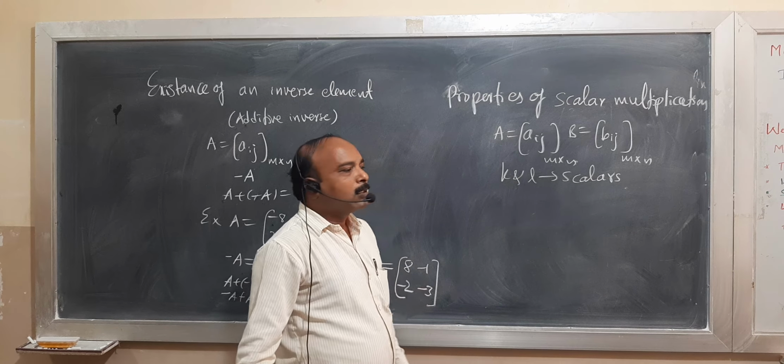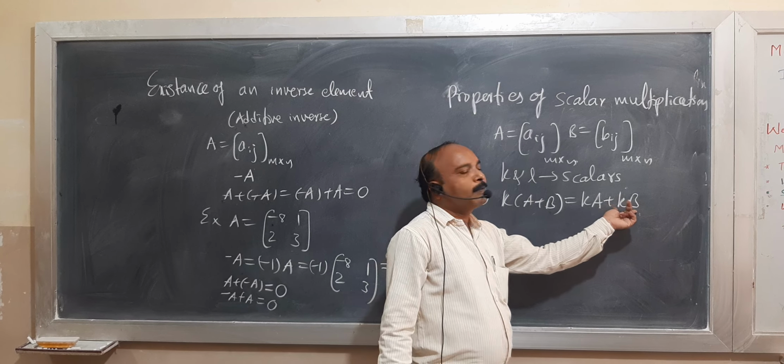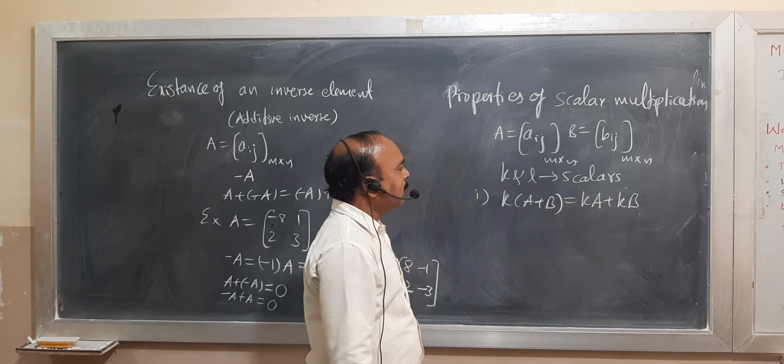Now we discuss the property. First one is k times A plus B equal to k into A plus k into B. Here the scalar is multiplied with the sum of the two matrices. Then we get the scalar multiplication of A plus scalar multiplication of B. It is the first result.